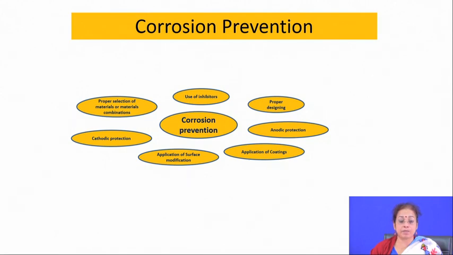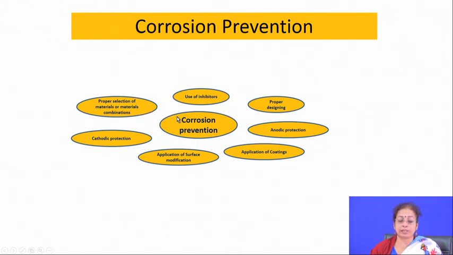Now, high temperature oxidation based corrosion can be avoided or minimized by proper choice of material in that specific environment. It can be minimized by application of surface modification, particularly surface alloying. It can also be minimized by the application of coating. Liquid metal corrosion can be avoided by proper selection of the materials combination.